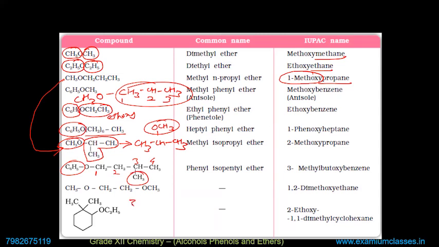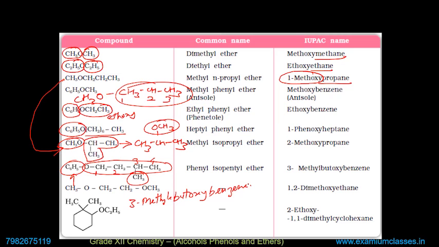So that's why it will be 3-methyl. And then in this chain, you have four carbons. These four carbons with this oxygen will form butoxy. And then we have benzene. So we will say 3-methylbutoxybenzene.